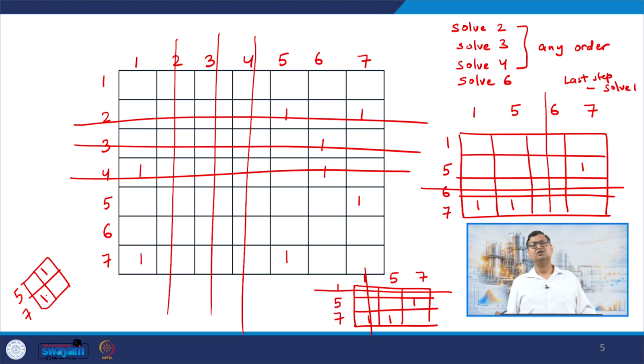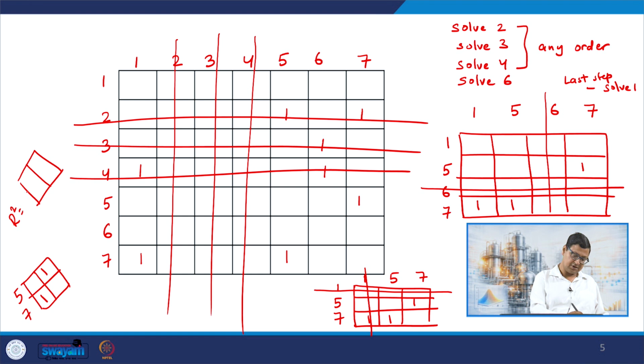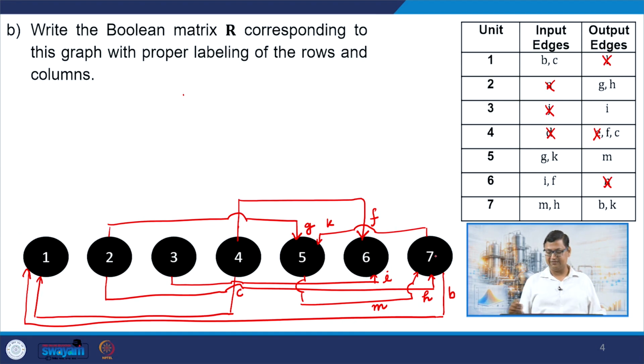So, now there are no columns containing all zeros, and no rows containing all zeros. So, the next step, we compute the R square, and R square in this case will give me something like this, because there is indeed a cyclical net between 5 and 7.